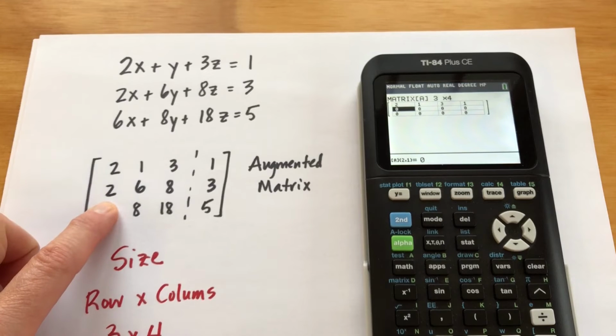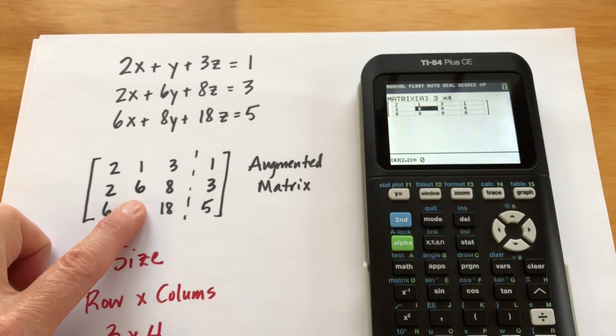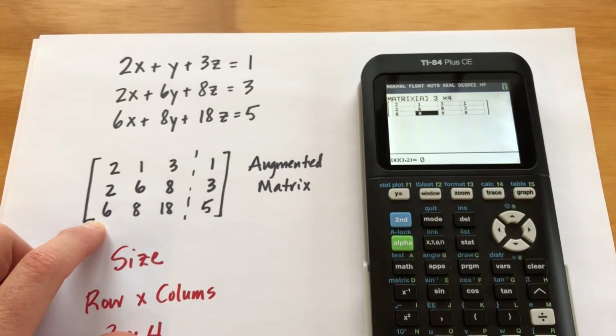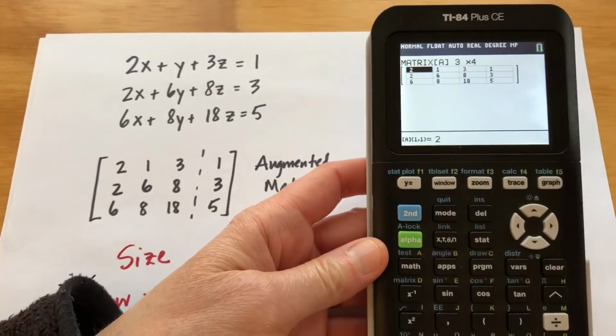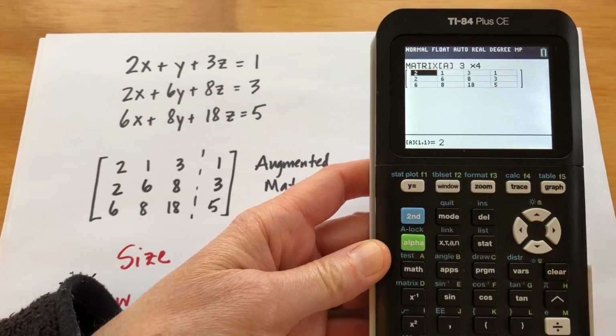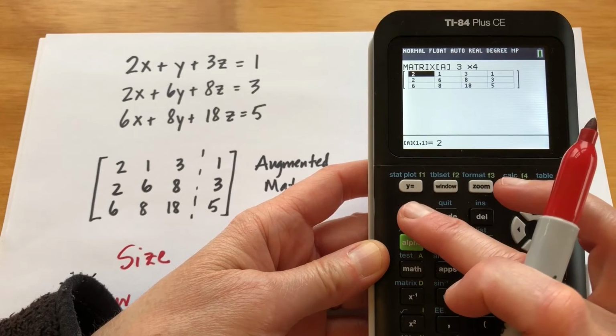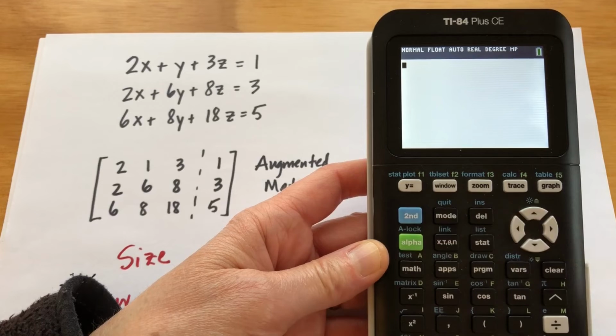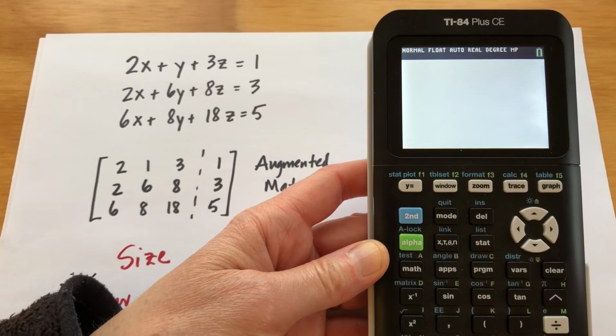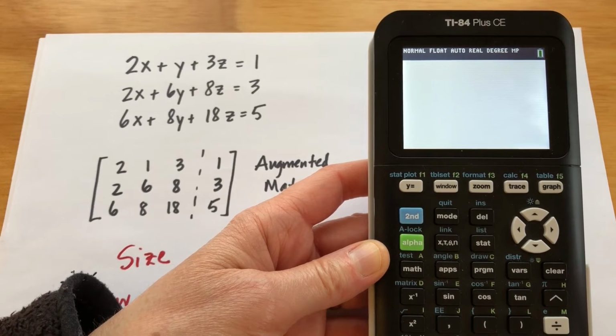You type in the number 2 and push enter, the number 6 and push enter. Okay, third equation, we have a 6, an 8, an 18, and a 5. And we're done. We have input the matrix. We're calling it A. And to get out of the edit mode, let's push second and then quit right next to it.